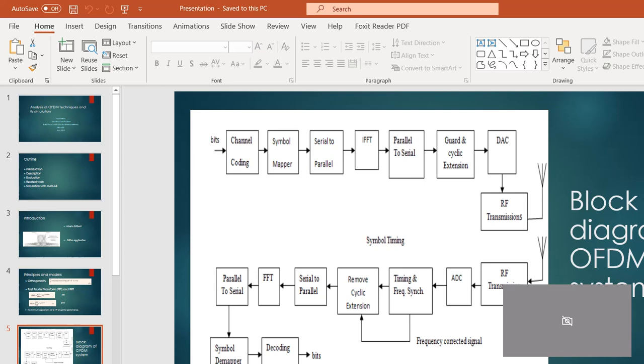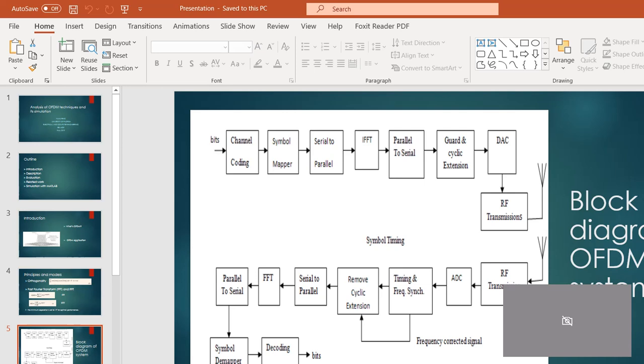So at first, we do some channel coding to correct some errors in advance. After the symbol mapping block, we implement serial to parallel conversion to let the data be transmitted by OFDM in a parallel fashion.